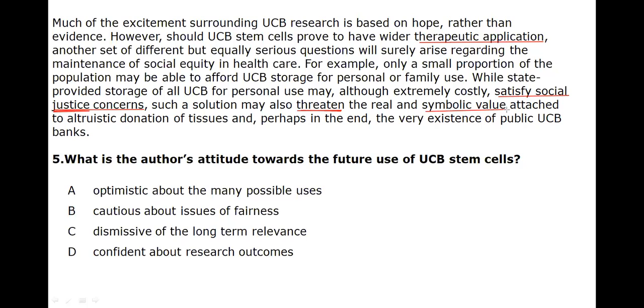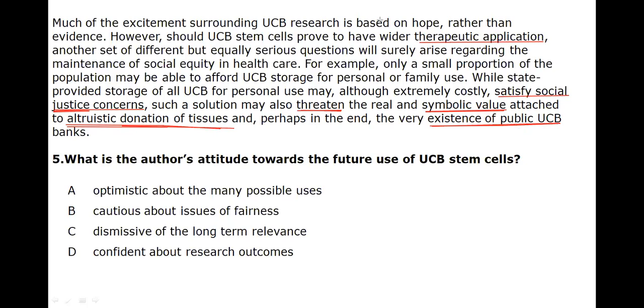Symbolic value, values are the virtues, and symbolic is when something becomes a trademark. Altruistic, I've already discussed this earlier. Altruistic means when it is done without any selfish purpose. Donation here refers to donation of tissues and not the money. Existence, presence, to be there is to exist.